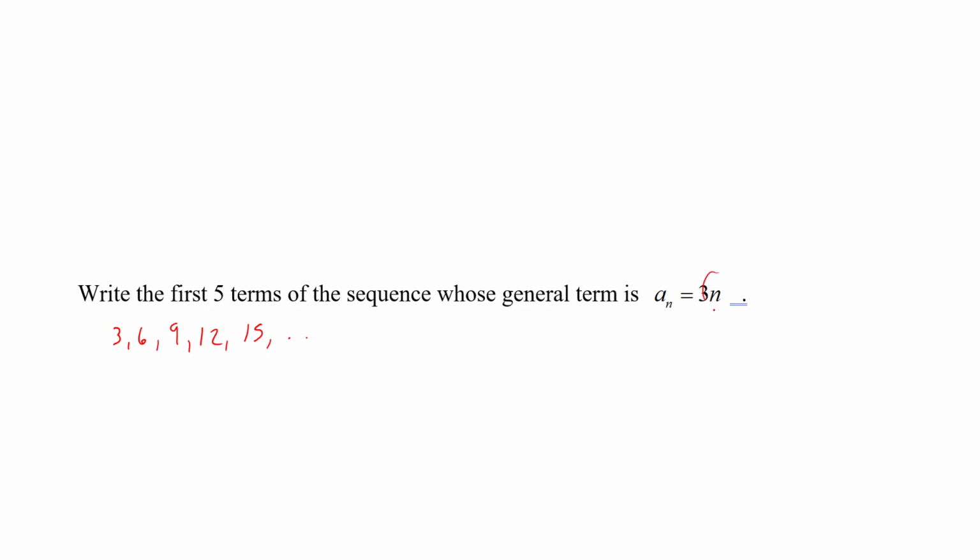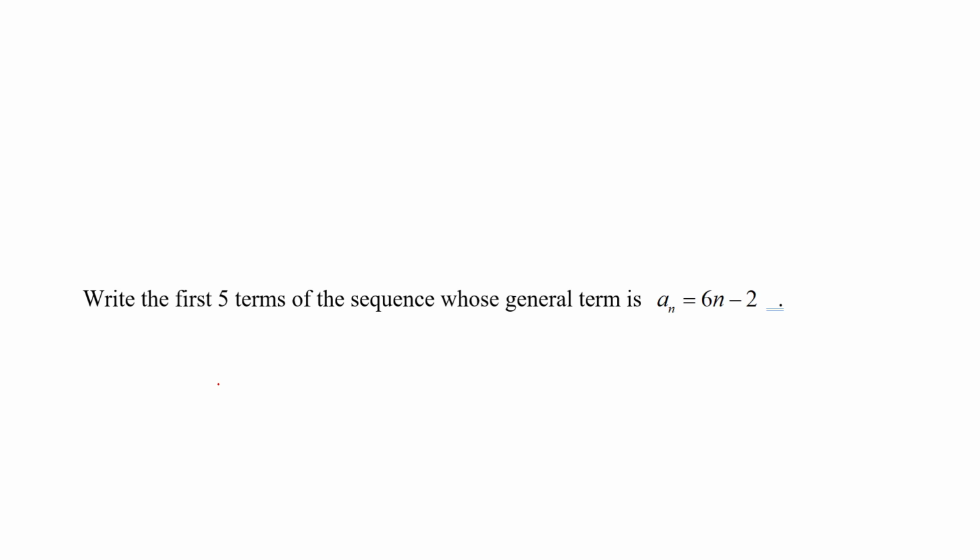Since they are the multiples of 3, they go up by 3: 3 plus 3 is 6, 6 plus 3 is 9, 9 plus 3 is 12, 12 plus 3 is 15. Or another way of looking at it, anytime you subtract 2 consecutive terms, you get 3: 6 minus 3 is 3, 9 minus 6 is 3, 12 minus 9 is 3, 15 minus 12 is 3.